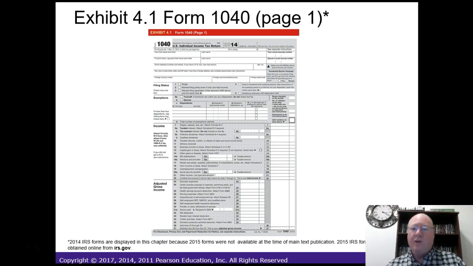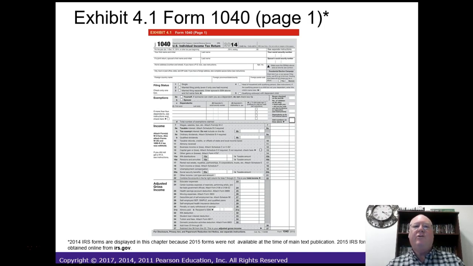If you happen to have loaned people money and they're paying you interest, you would recognize that here. If you have bonds that you've invested in, that would be recognized here. All of these areas, depending upon the nature of the item and the dollar amount, you may actually have to report some of those items on separate statements.